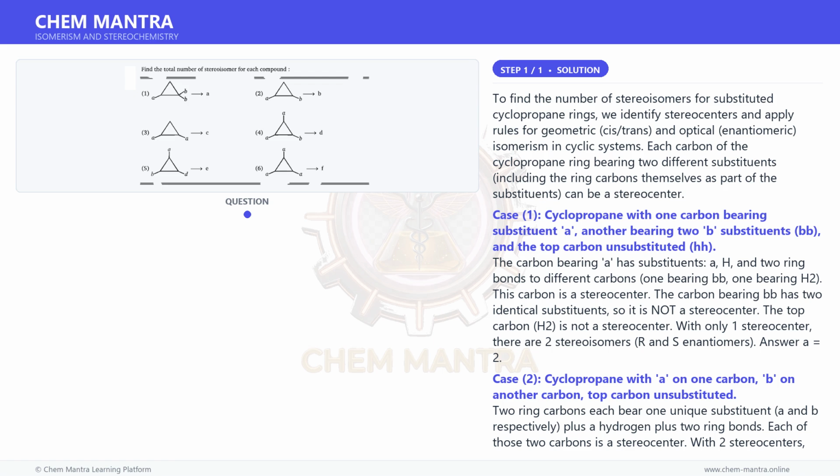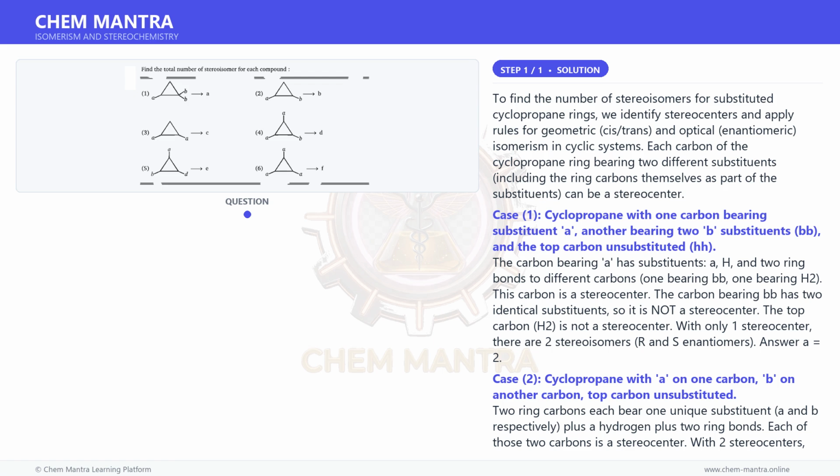Systematic enumeration of cis-trans relationships among the three carbons gives configurations that can be all cis, or partial cis-trans alternatives. Accounting for meso forms, the molecule has a potential mirror plane when the two A-bearing carbons are related by symmetry, so some pairs collapse. Detailed analysis yields 4 distinct stereoisomers. Answer D equals 4.